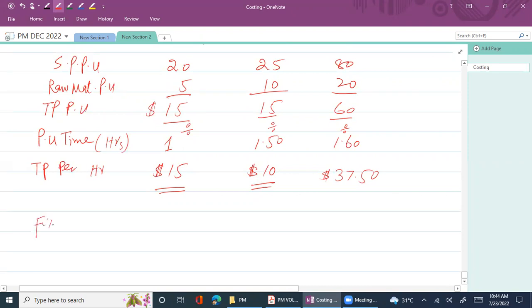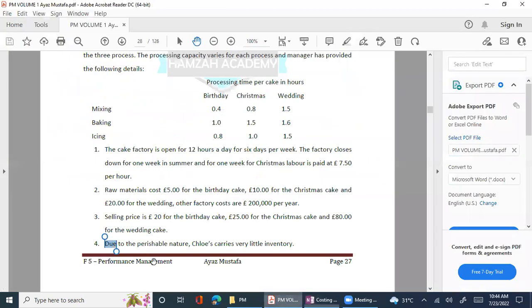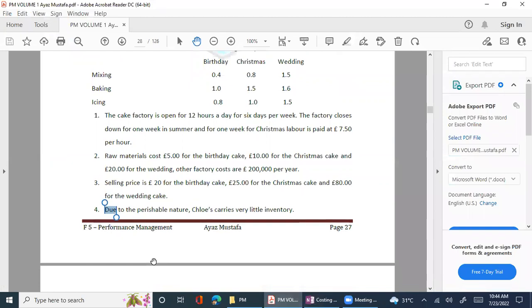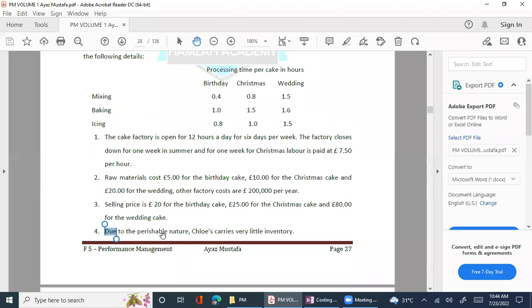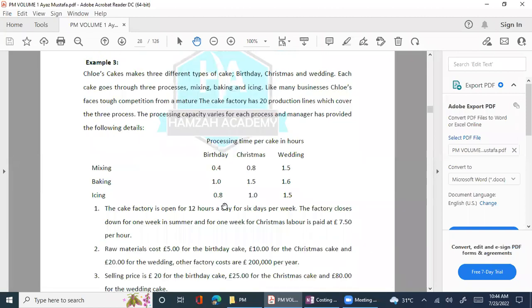The next thing is fixed cost per hour. Now, for a fixed cost, we need to identify the fixed cost. Material selling price.